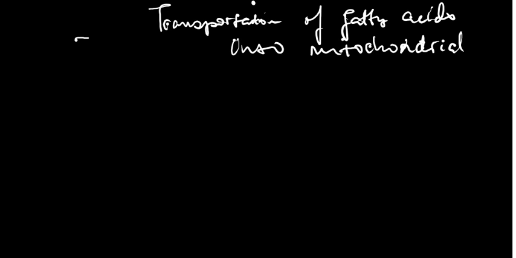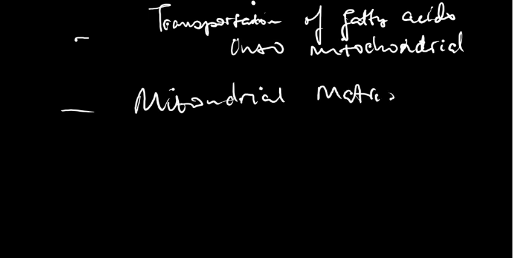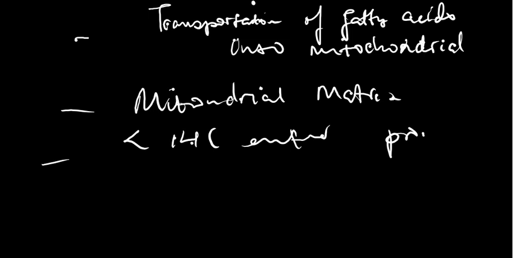Okay, so enzymes that are involved in the beta oxidation reduction are found in what we call the mitochondrial matrix. That's where the enzymes are found. So the free fatty acids that have less than 14 carbons enter the mitochondria through what we call protein pouring channels.